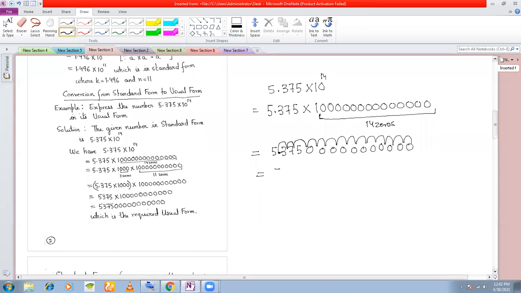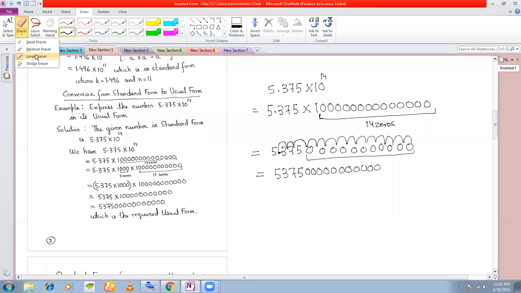So this you get as 5375 followed by this many zeros. How many zeros are there? 11 zeros. This is how you convert from standard form to the usual form. This requires nothing but your basic knowledge of decimals.